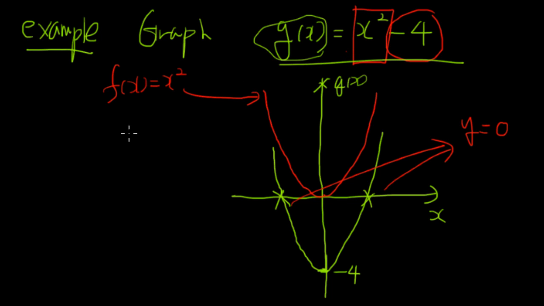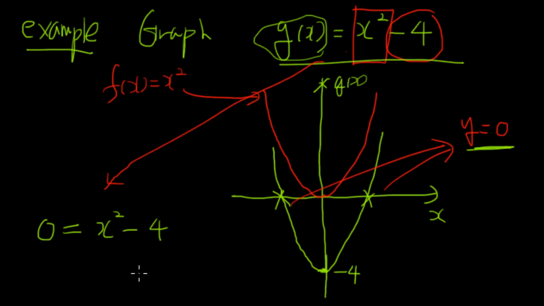Algebraically, we know that for g of x, we're going to set that side equal to 0 because that's the y-axis, that's the g of x value, the y value, same thing. We know the y value must be 0, so 0 equals x squared minus 4. And we have to solve this.